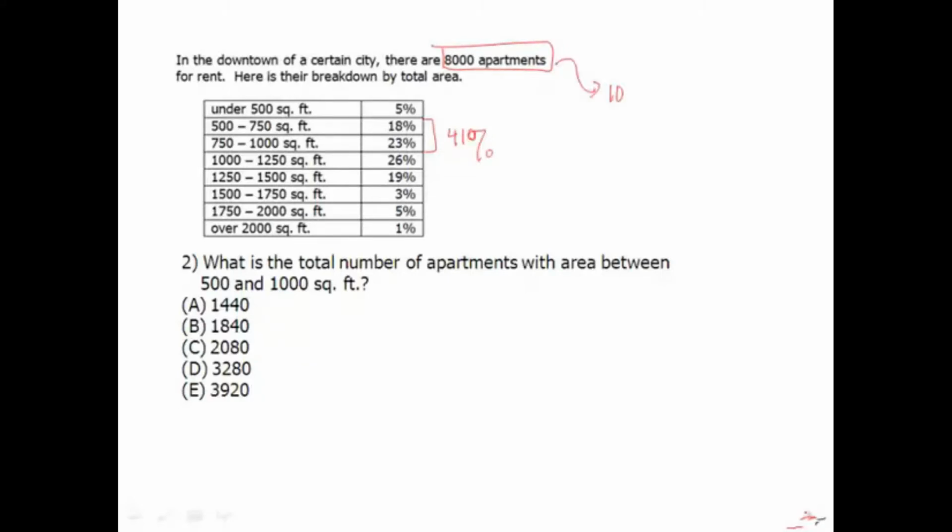We know that 10% would be 800. So multiply that by 4, so 40% would have to be 3,200. And so what that means is that 41% would be something just above 3,200. Well, the only thing that could even be close to that is answer choice D, and that is the correct answer.